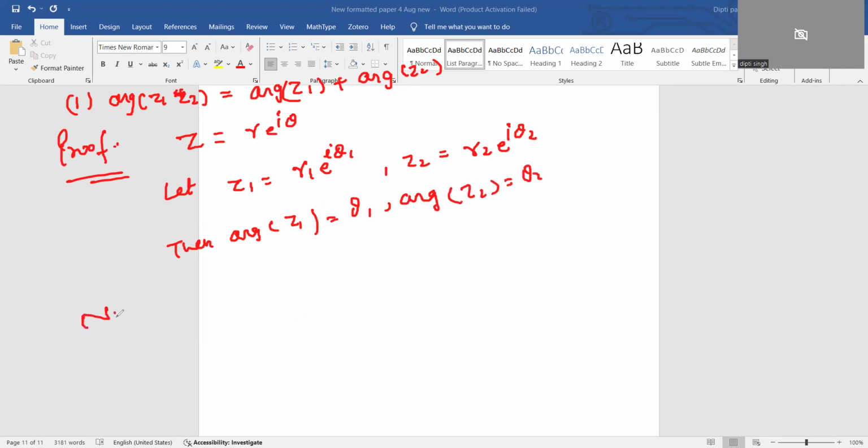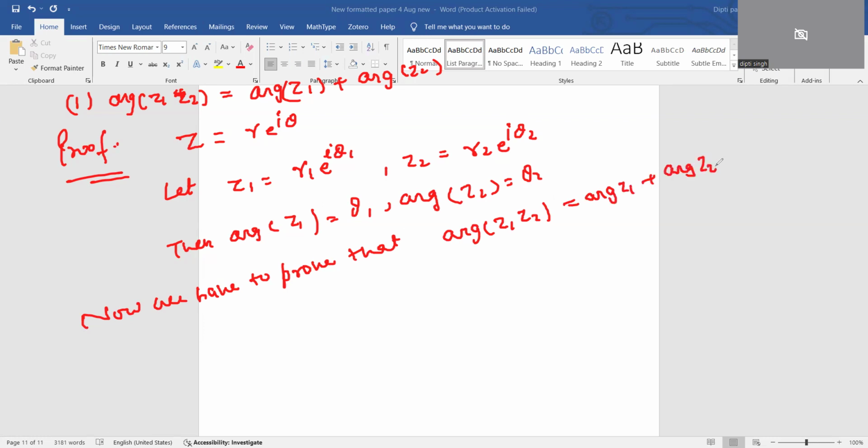Now we have to prove that argument of Z1 into Z2 will be argument of Z1 plus argument of Z2.